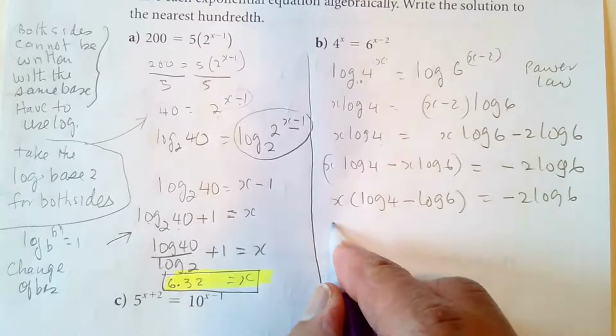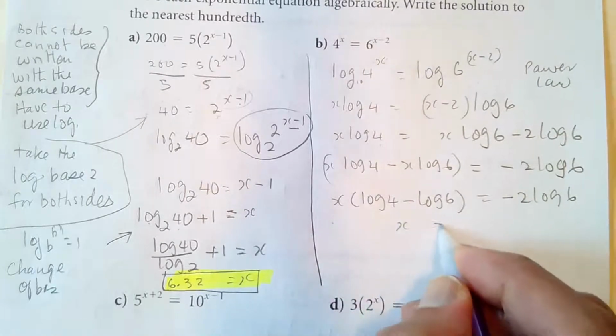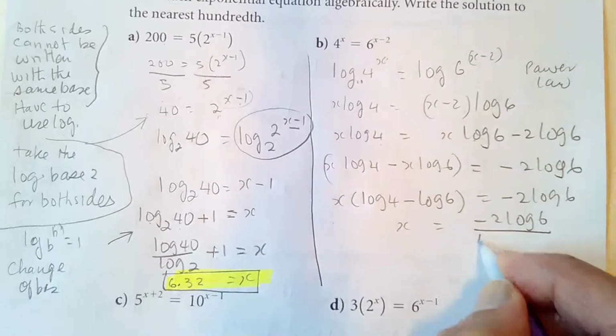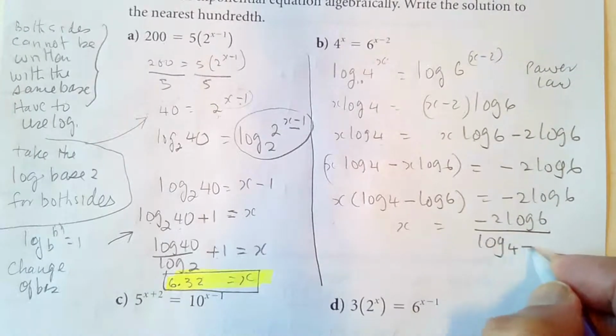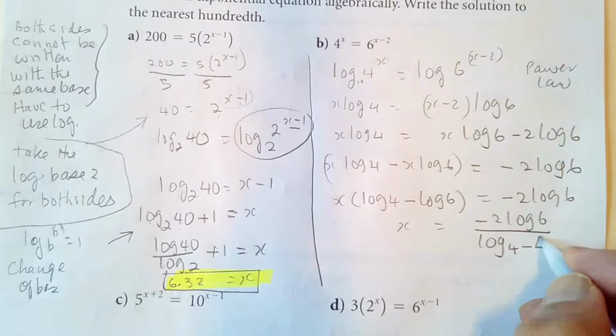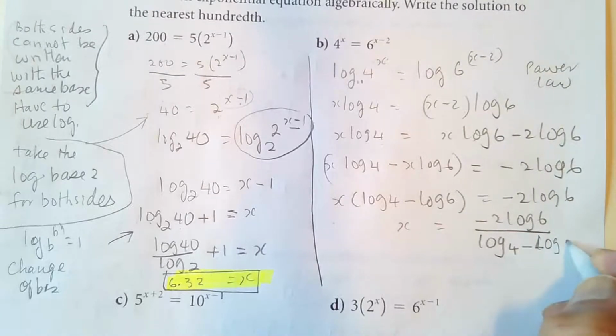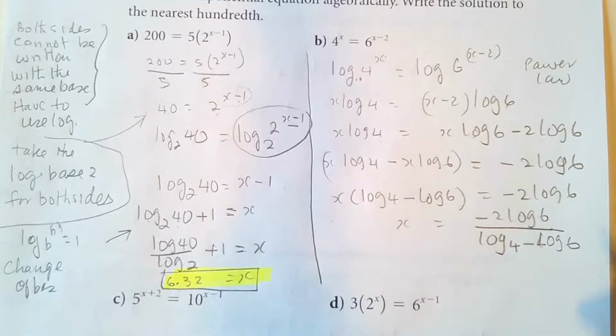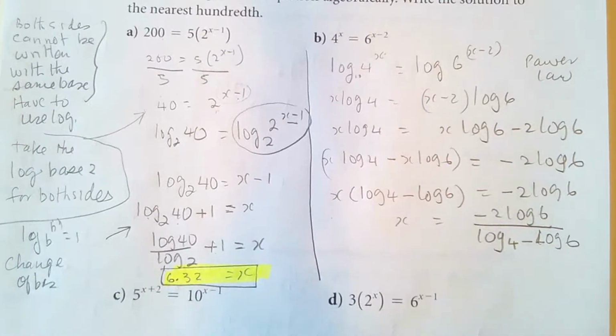Now we solve for x. So x is equal to negative 2 log 6 over log 4 minus log 6. Now these are all base 10. We can go to our calculator now.